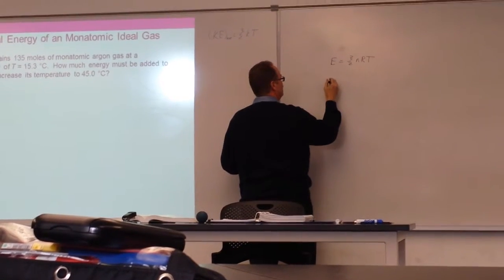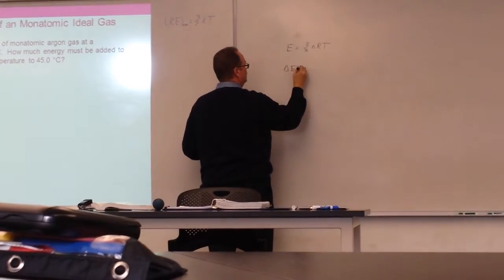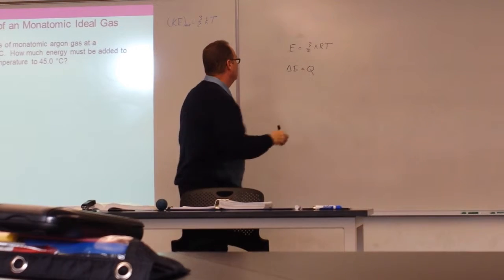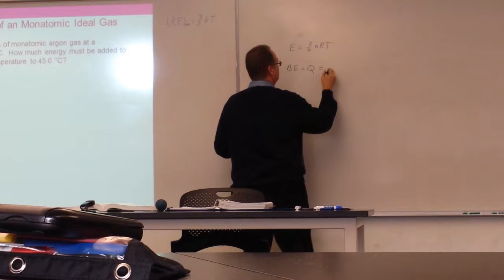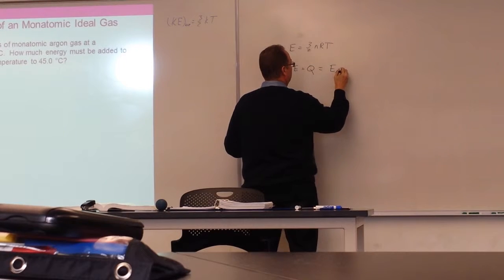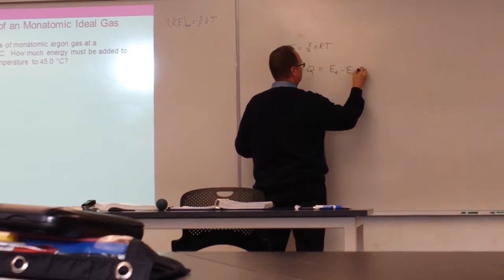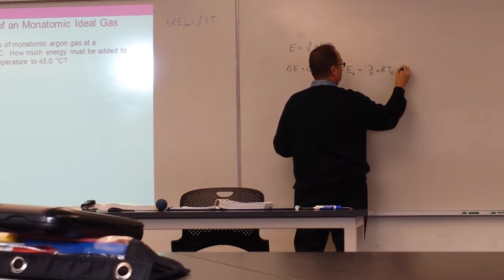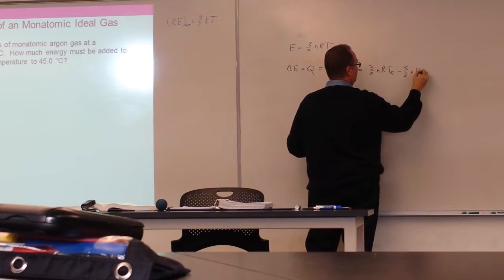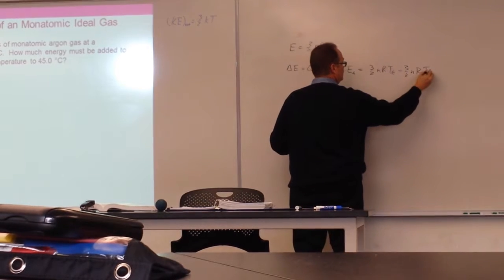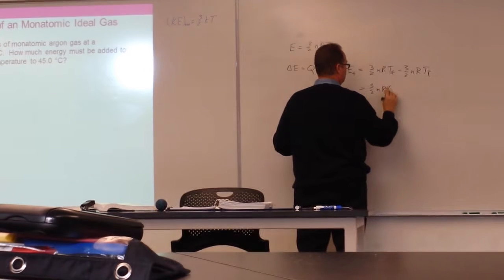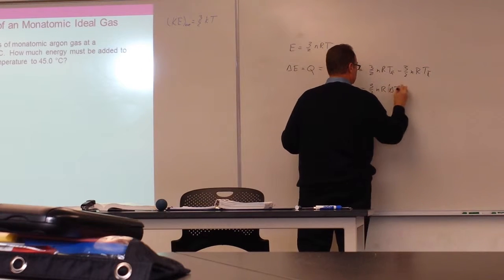So the change in energy is going to be equal to the amount of heat we add, Q. So that's going to be energy final minus energy initial, which is 3/2 nRT final minus 3/2 nRT initial. So it's just 3/2 nR times the delta T.